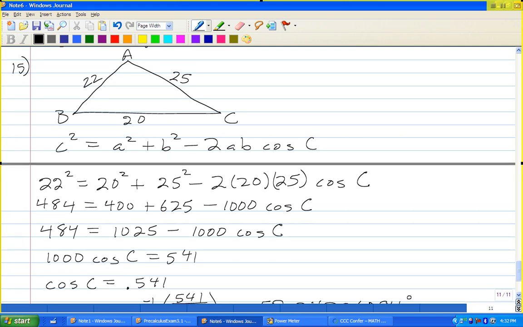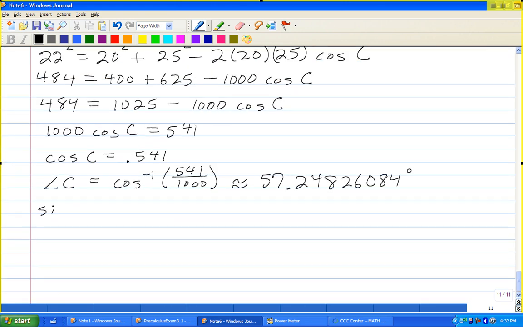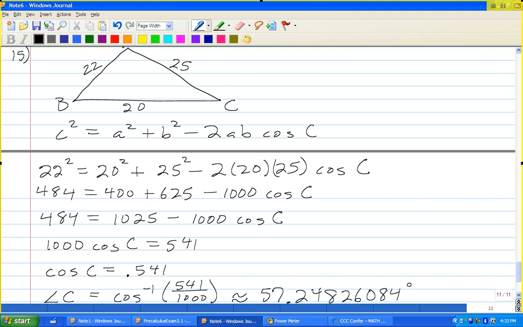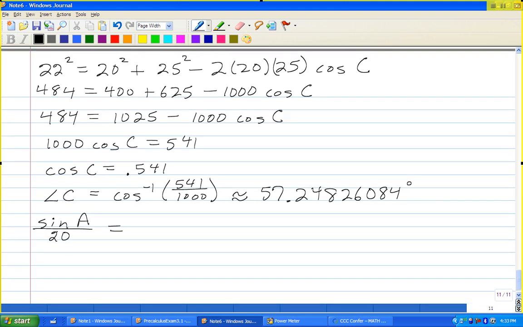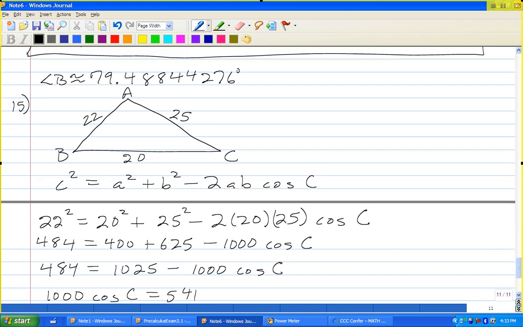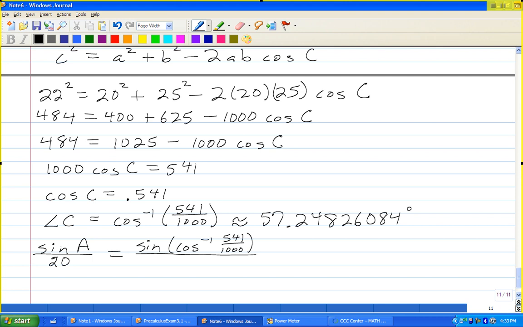I have the sine of A over 20 is equal to the sine of cosine inverse of 541 over 1,000, divided by, this is C, right?